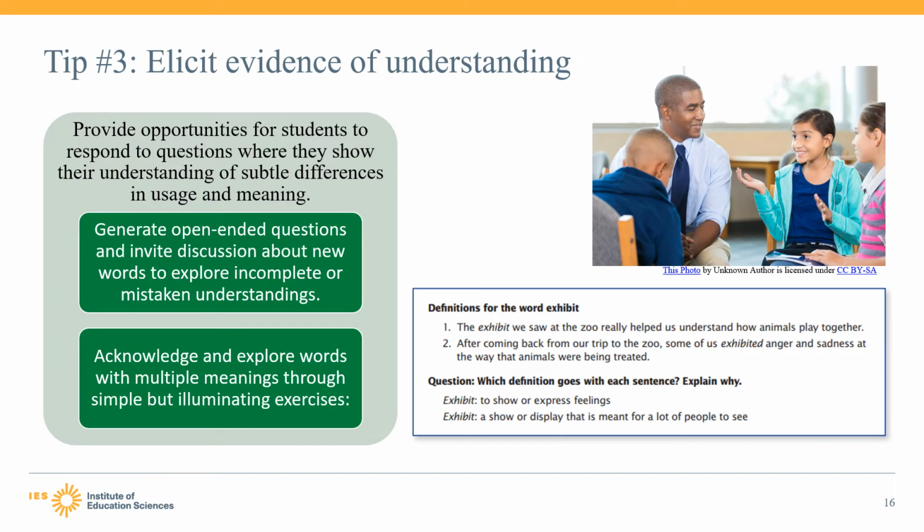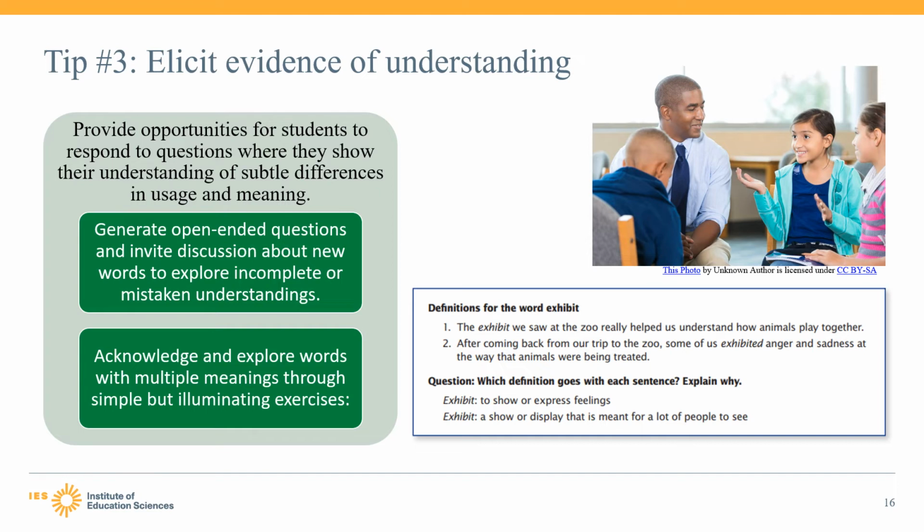The first one says, "The exhibit we saw at the zoo really helped us understand how animals play together." The second definition, which again is a student-friendly sentence that demonstrates the meaning of this word, reads, "After coming back from our trip to the zoo, some of us exhibited anger and sadness at the way that animals were being treated." So then the follow-up question to these two potential definitions is simply, which definition goes with each sentence?